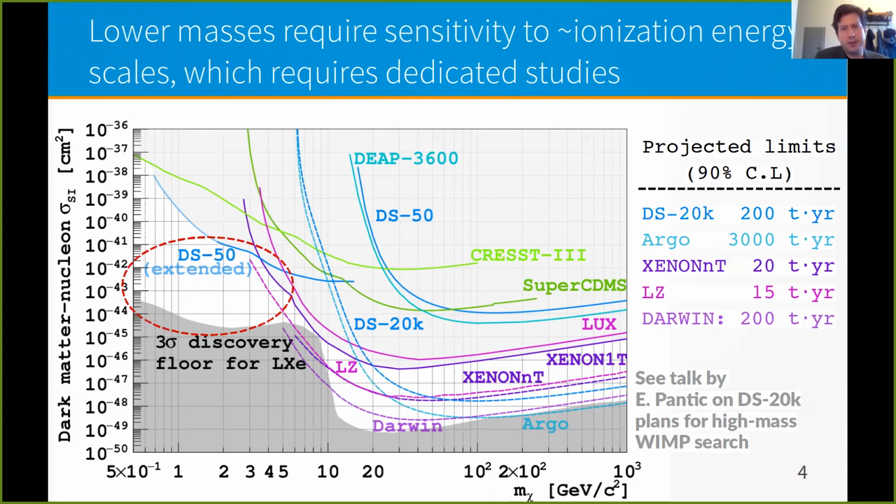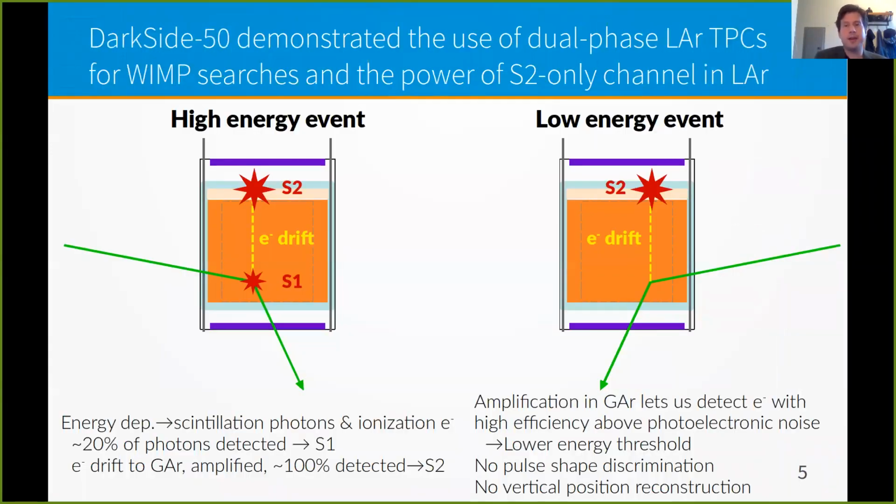And this is looking for particular low energy signals that are about on the scale of the ionization energy of the argon target. So the idea behind an argon TPC is that a particle scatters on an argon nucleus, and some of the energy that's deposited is converted into scintillation photons, while some of the other energy is converted into ionization electrons.